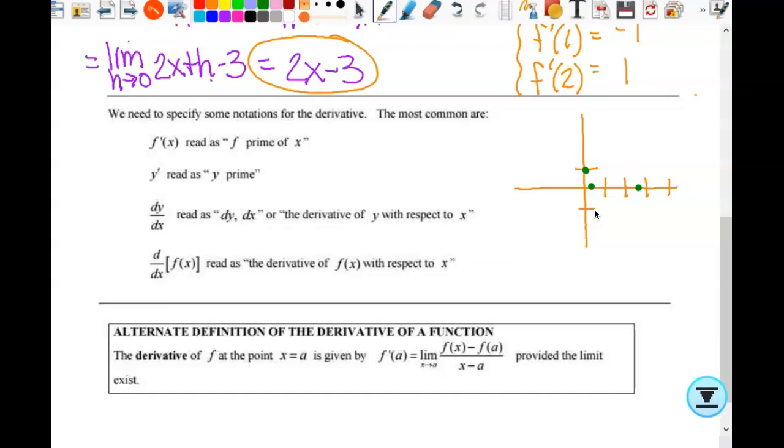And then the vertex is at about 1.5, negative 1.25, so kind of right there. Just so we have a basic idea of the shape. It's fine that it's not perfect, okay? So then we'll sketch in a parabola here.